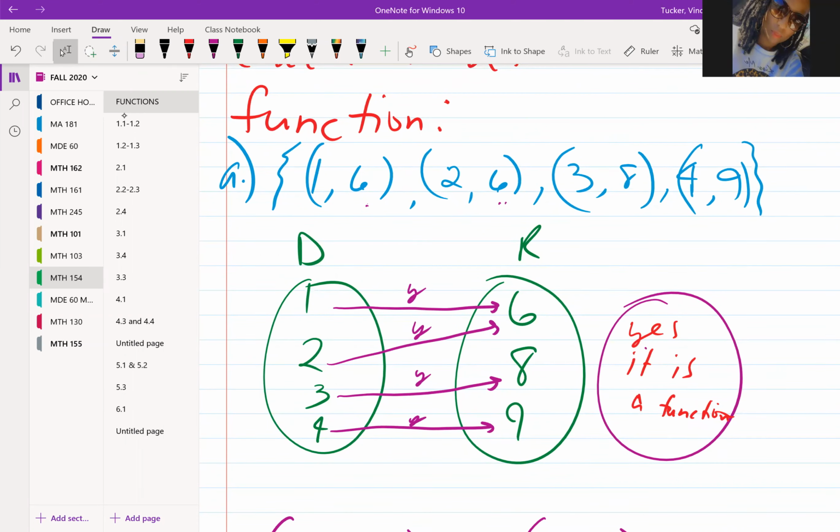Oh, here you go. All right, so function notation. Get ready to close out this section with function notation.